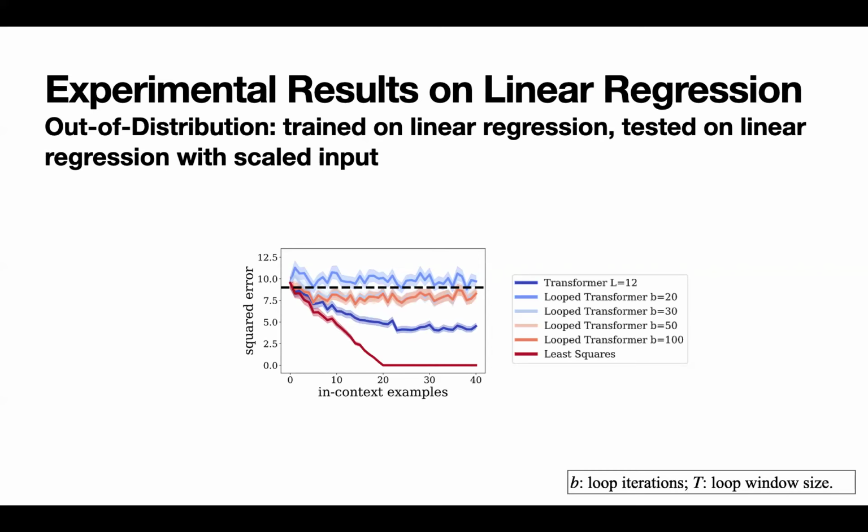But during inference, we take X sampled from a standard Gaussian and then scale it to make the range larger, so that the range will never be seen during training. Least squares did a perfect job here as usual because it's just solving the problem. All the transformers show degradation in performance, where the transformer is slightly degrading up to like 5, but the loop transformer just shoots up to random solutions.